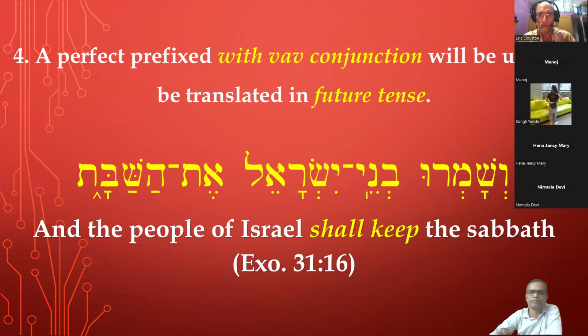Veshamru b'nei Yisrael et haShabbat. Very good. Translation: And the people of Israel shall keep the Sabbath. So which one is the verb here? Veshamru.